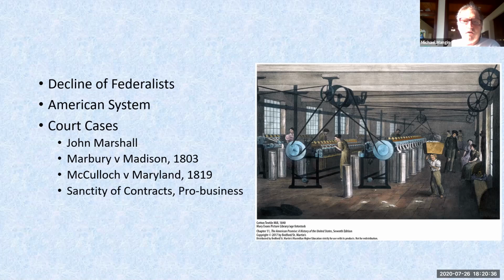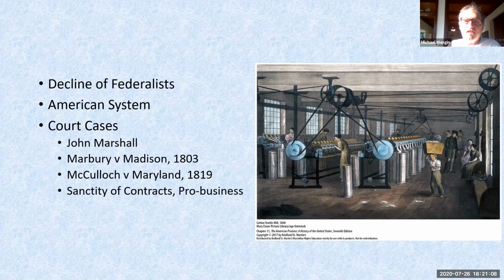That was a power claimed in 1803 in the case of Marbury versus Madison, and subsequently claimed many times in the late 19th, early 20th century. It's a potential check that the Supreme Court has on Congress, but it's not really used.